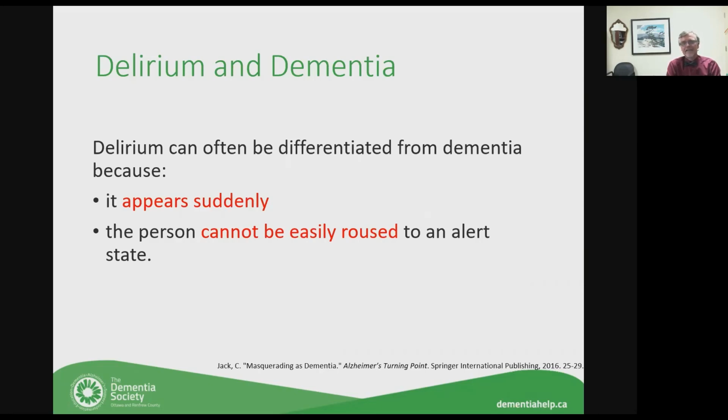And typically it affects level of consciousness. So if you remember earlier on when we defined dementia, we said that you have to have a normal level of consciousness. Well, that's because delirium is the other cousin of dementia, which is the acute change cousin of dementia.